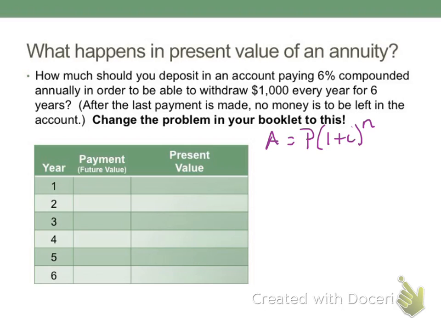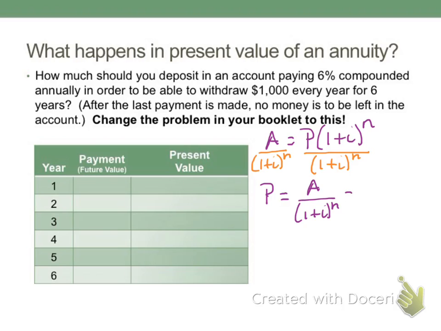Well, if I wanted to solve for P and figure out what the present value should be, then I would have to divide both sides by the (1 plus i) to the nth. Okay, so from this then, we would say that P equals A divided by (1 plus i) to the n power.